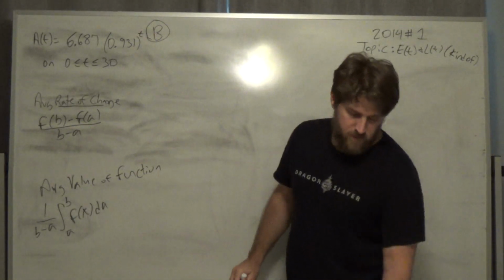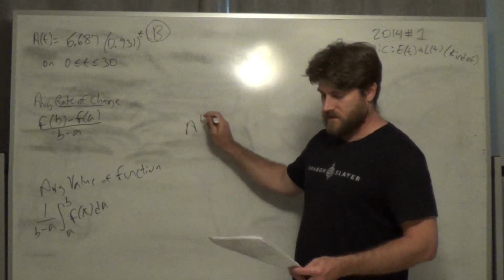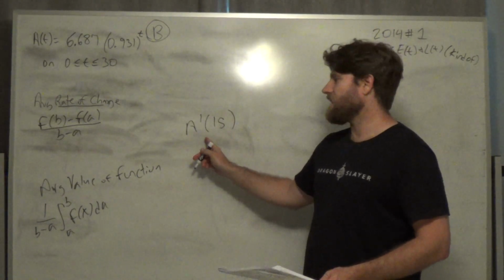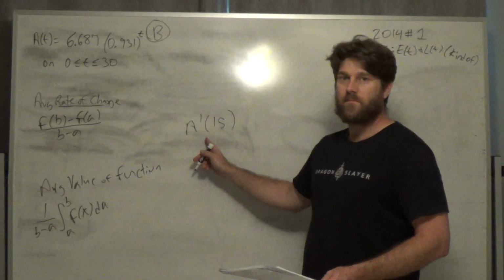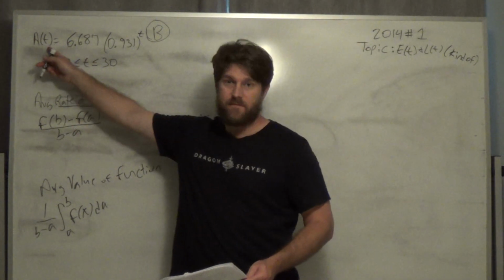Alright, part B says find a prime 15. Now thankfully this is a calculator question, so since I put A in my calculator, y1 is A of t.